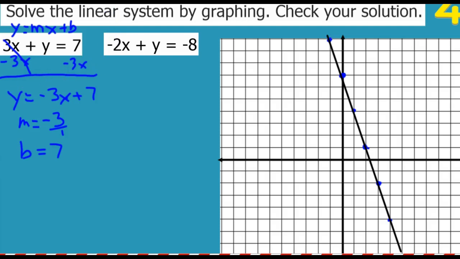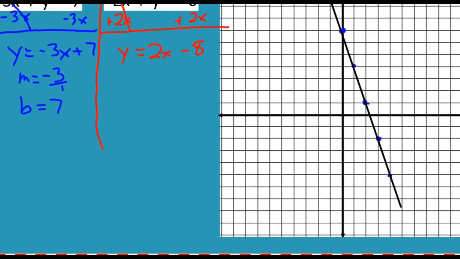Now we have to do the same thing for the second one. We have to move our 2x over, so we're going to add 2x. So we get y equals 2x minus 8. So our m is 2, our b is negative 8.